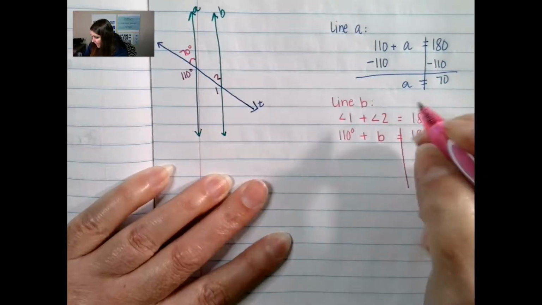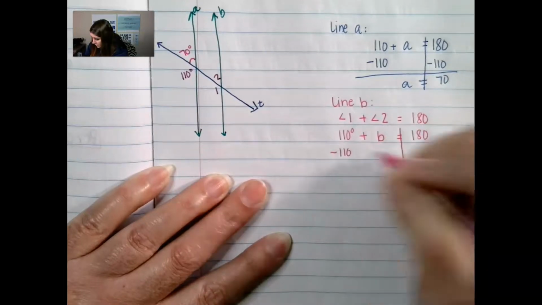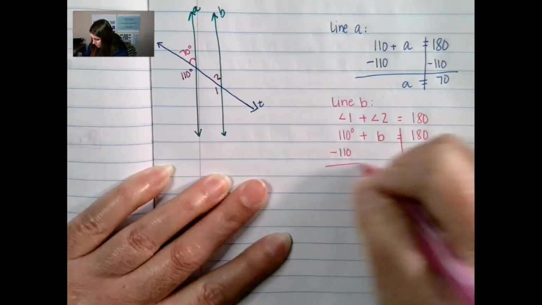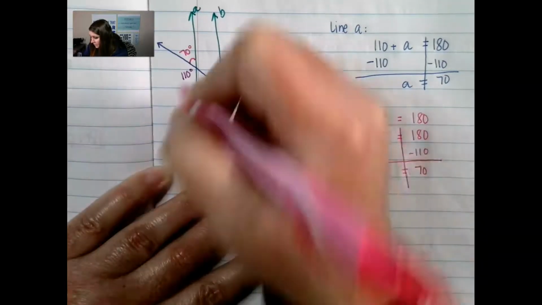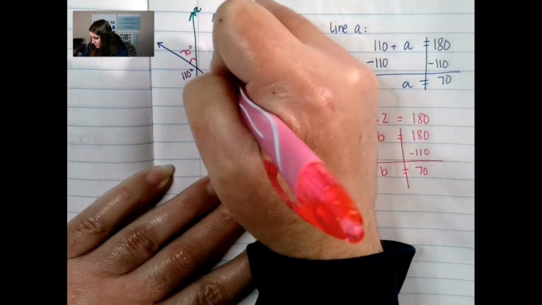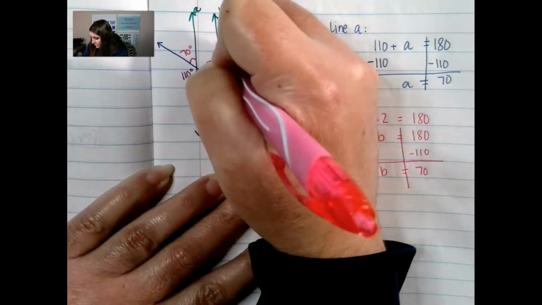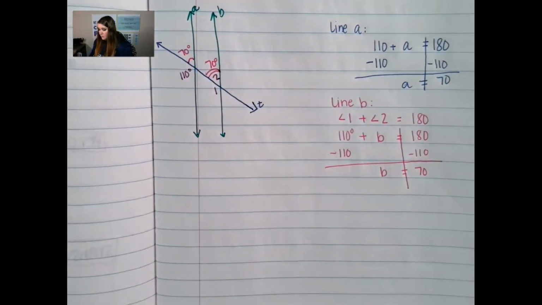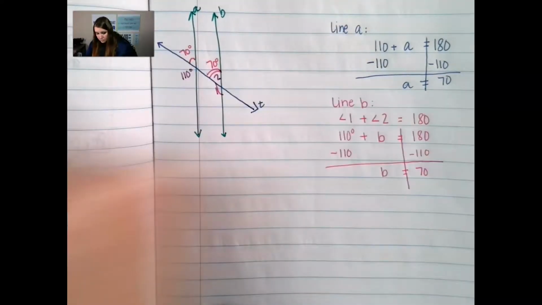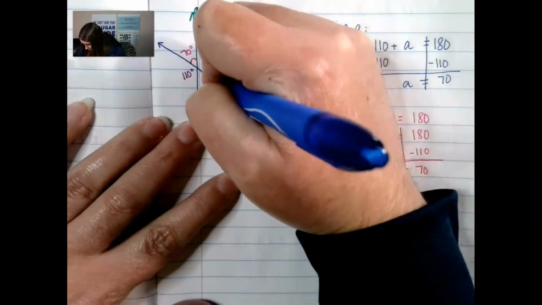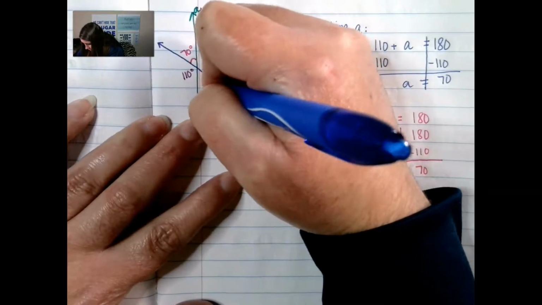And when we solve this, we get the exact same answer, 70. So B has to be 70, because this one here has to be, well, let's use the same color as I did over there, 110.